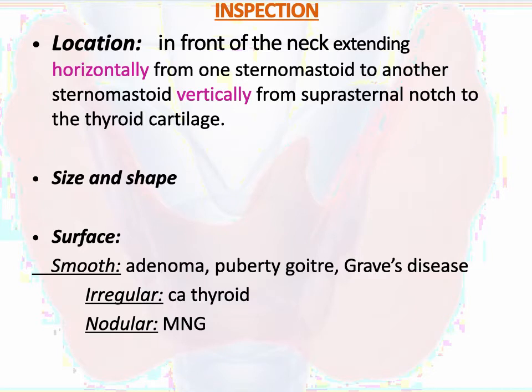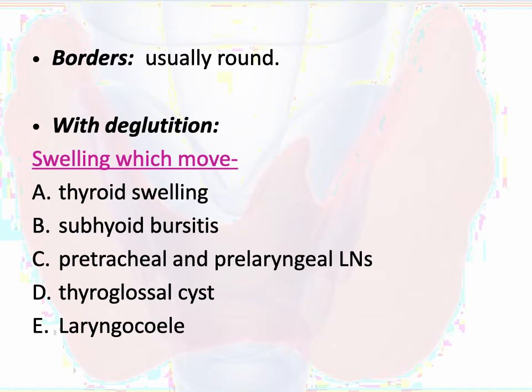Okay. Size and shape: surface smooth in adenoma, puberty goiter, and Graves' disease, irregular in carcinoma, and in nodular it will also be bumpy, multinodular goiters. Border is usually round, and the thyroid gland moves with deglutition.